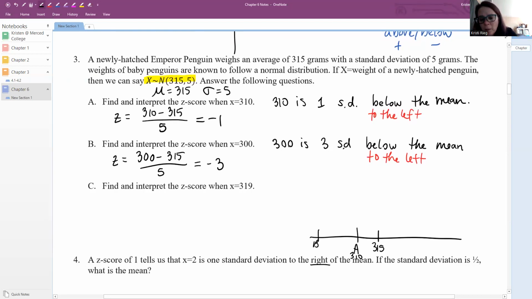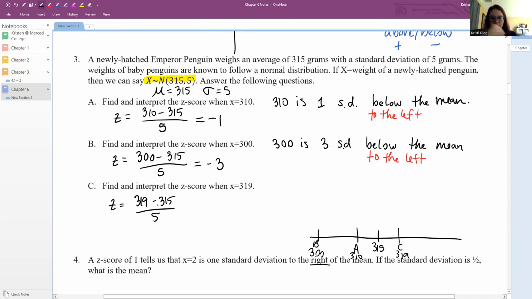Part B was 300. So that's also to the left because that's also smaller or below the mean. Part C, 319, is bigger. So when we get to part C, we're going to say it's above the mean or to the right of the mean. All right, so for part C, we have everything the same except the x value is 319.